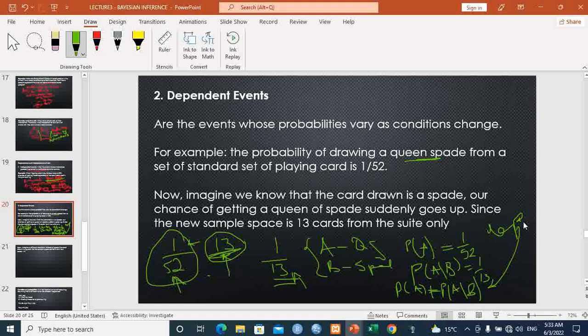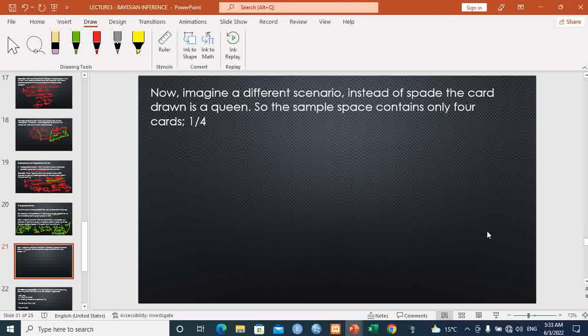From here is where we're going to develop the concept of conditional probabilities. Another situation: let's assume that instead of a spade, the card you have drawn is a queen. What is the probability of getting queen of spades?